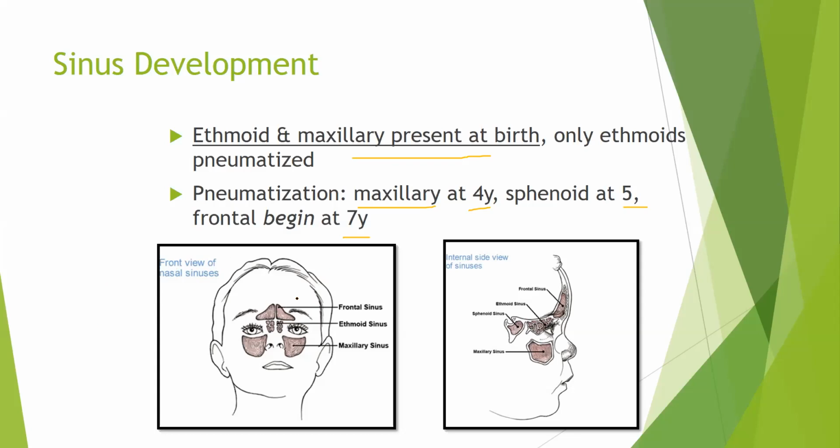Here's the front view. You've got frontal sinuses, the ethmoid sinuses, and the maxillary sinus. This is a side view of the same: frontal, ethmoid here, and then you've got your sphenoid sinus and maxillary sinuses.